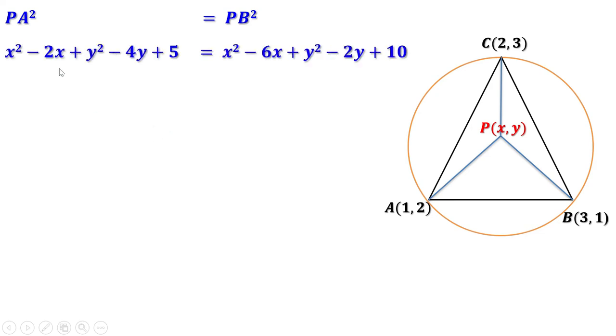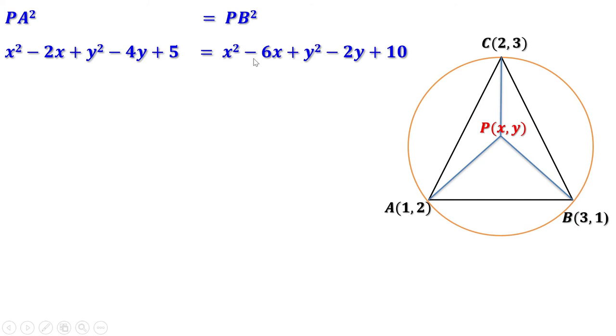PA square is x square minus 2x plus y square minus 4y plus 5 and PB square is x square minus 6x plus y square minus 2y plus 10. So we can say x square minus 2x plus y square minus 4y plus 5 equals x square minus 6x plus y square minus 2y plus 10. We can cancel x square from both sides. Similarly, we can cancel y square from both sides.